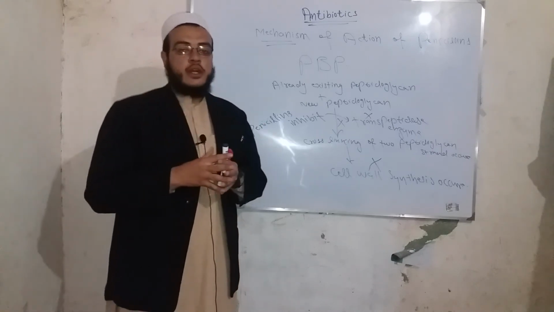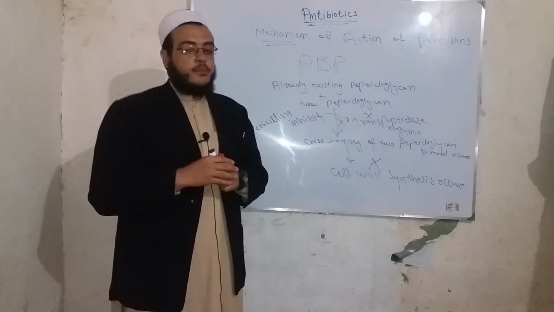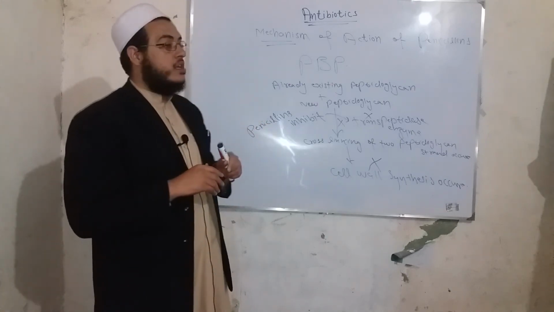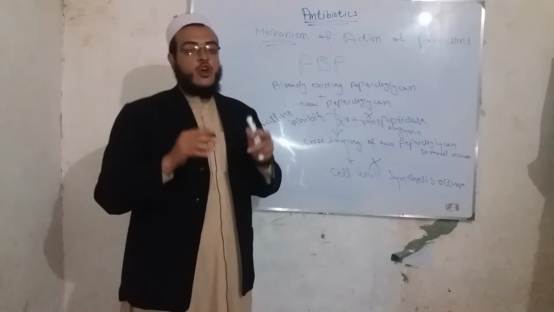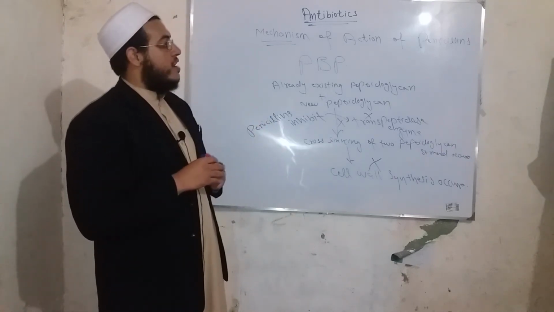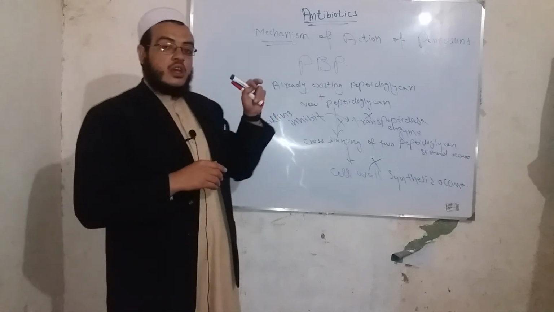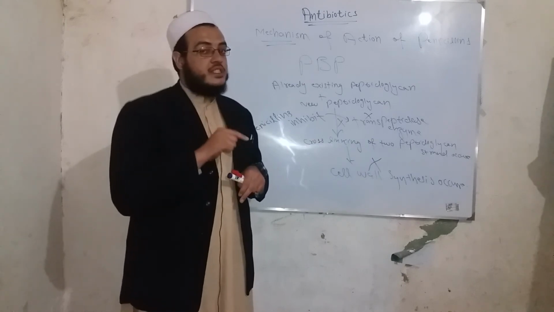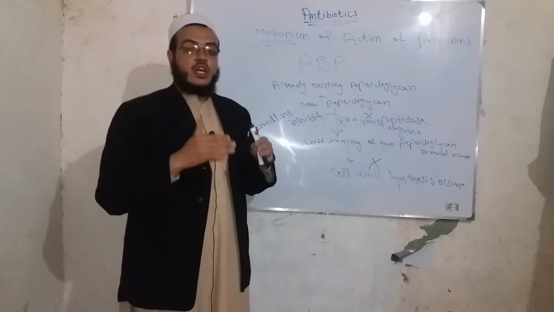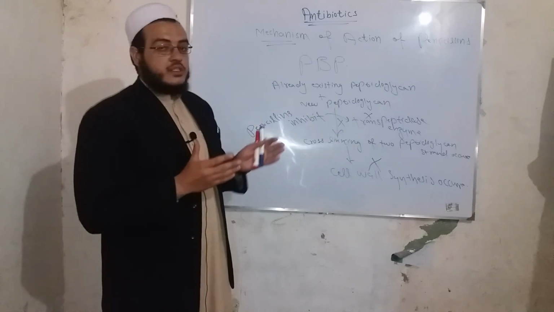Bacteriostatic are those antibiotics which stop the growth of bacteria, not kill the bacteria, while bactericidal are those antibiotics which kill the bacteria. So penicillins are regarded as bactericidal antibiotics and they inhibit the cell wall synthesis of bacteria. When the cell wall synthesis of bacteria stops, the infection of the body will be settled.